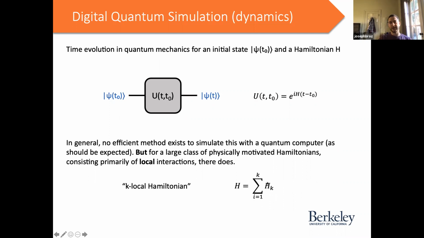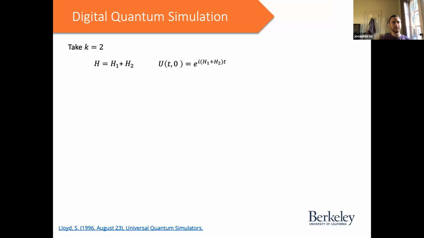And the point here is that if I can then efficiently exponentiate this and find a combination of gates that can do this in an efficient way, maybe a particularly efficient way when it comes to NISQ-era devices or even slightly post-NISQ devices, then you can solve this problem pretty easily.